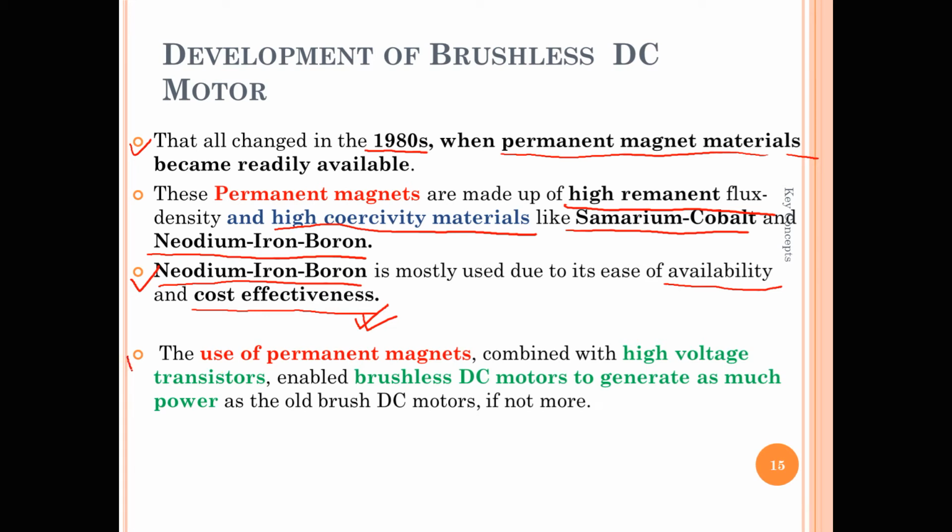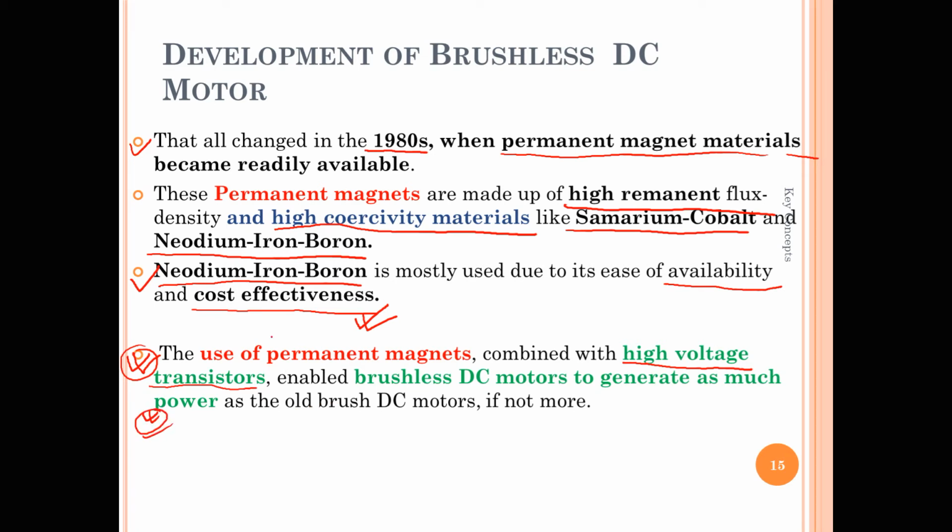Then what happens next? The next limitation was related to the electronic equipment. In the 1980s, we also got high voltage transistors, which enabled the brushless direct current motor to generate much more power compared to the old motors.